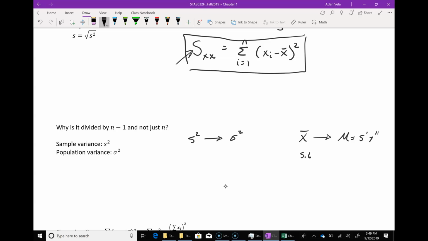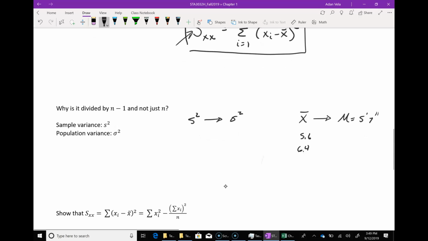Maybe one day I'm standing outside of the football stadium when the football players walk out and I ask 100 people how tall they are. All of a sudden I get 6'4". Or I'm somewhere else and I get 5'2", 5'8", and so forth. If I average all these averages, hopefully I get 5'7". Or if I look at all the data together, hopefully I get something like 5'7".